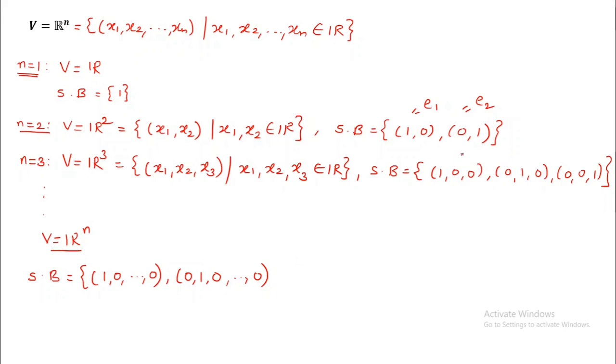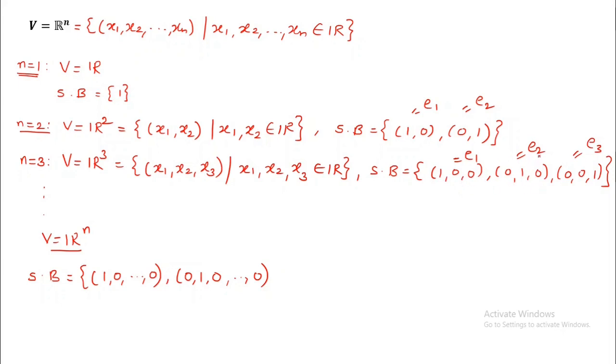Now note one thing, this is E1, this is E2, this is E3. So what does this 1 indicate actually? This 1 indicates that there is 1 at the first coordinate position and the rest of the coordinates are 0. So you can see here E1: the first coordinate is 1, the rest of the coordinates are 0.